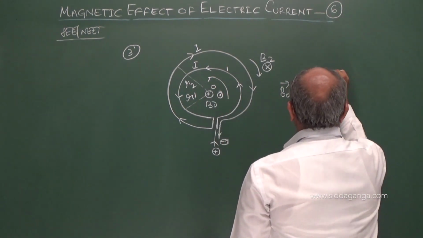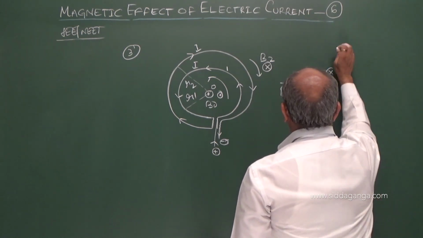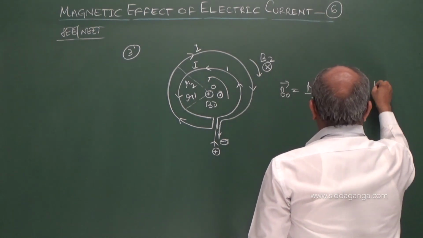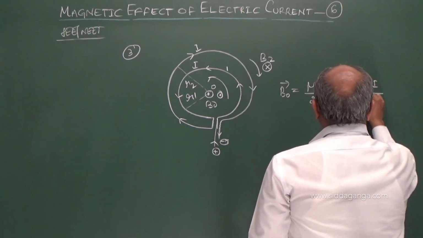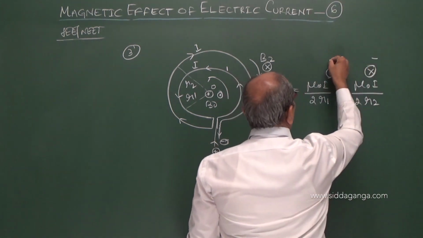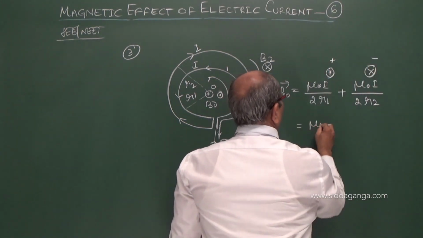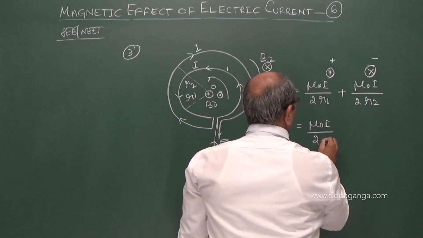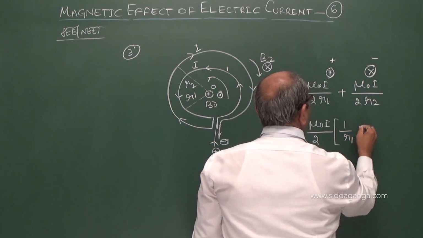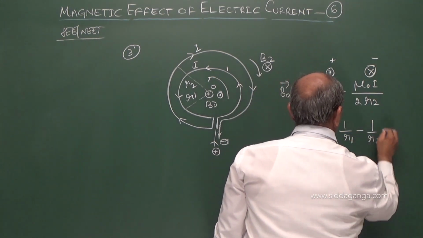Mu naught I by 2R1 is out of the board, plus mu naught I by 2R2 into the board. Into the board I take as minus and this as plus. Mu naught I by 2 into 1 by R1 minus 1 by R2.